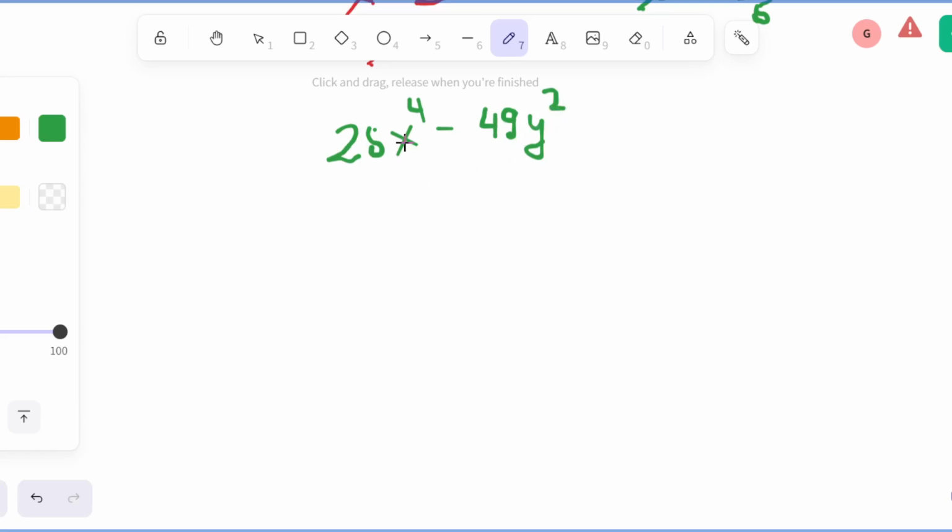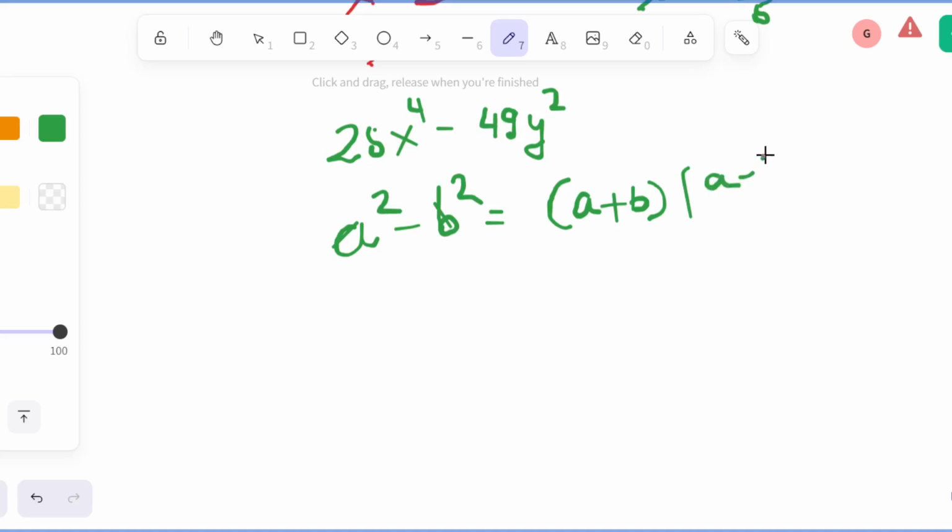Here we have an identity called difference of the squares, which is a square minus b square. I hope you already know that a square minus b square is always equal to a plus b into a minus b. All is good, right?